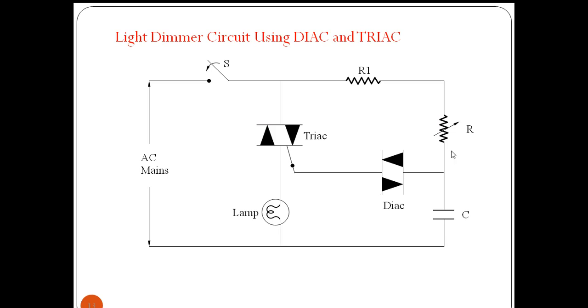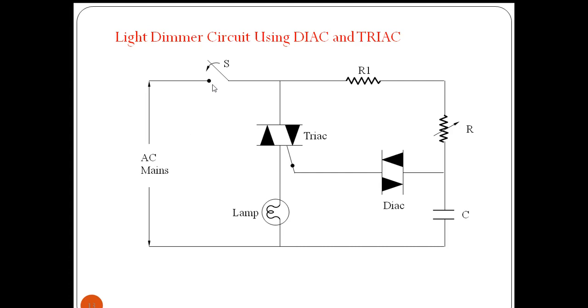Along with these, we also have a rheostat, nothing but a variable resistance, a capacitor, and a resistor R1, which is for safety purposes, and a switch which is connected to the main circuit, the single phase AC mains. Normally the switch is in the open position.